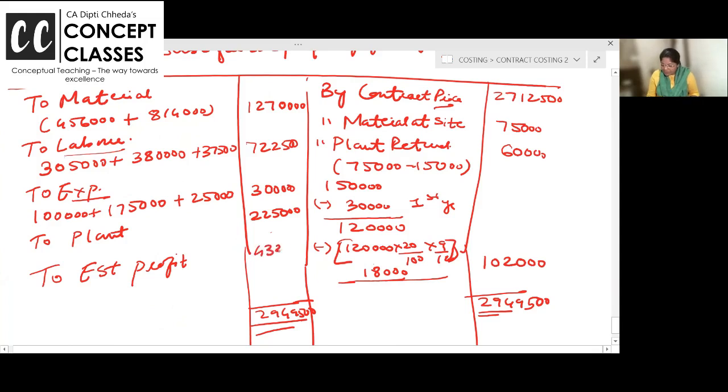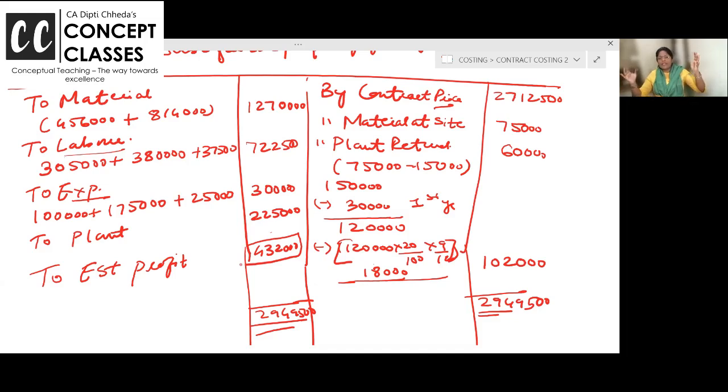Four lakh 32,000 is the estimated profit for the whole project, whole year. Okay. Clear to all of you? Actually, the problem is over.